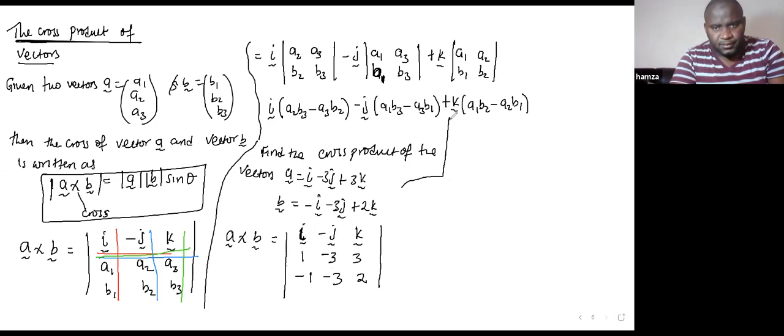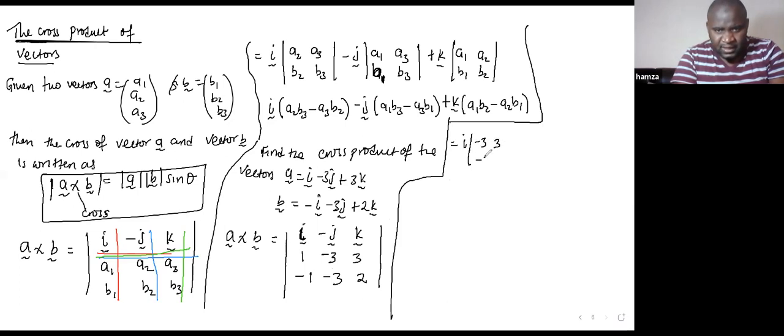So if you want to solve this, we shall have i. Anything out of i is negative 3, 3, negative 3, 2, minus j. Anything out of j's column and row, we have 1, negative 1, 3, 2, plus k.